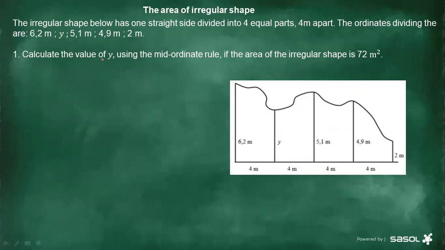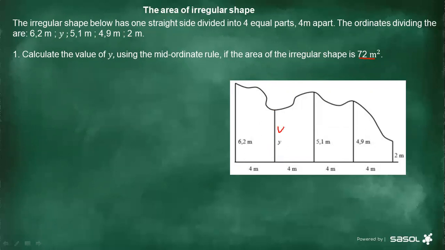Calculate the value of y using the mid-ordinate rule if the area of the irregular shape is 72. Now in this one, we already have the area, but now we need to calculate the length of one ordinate.